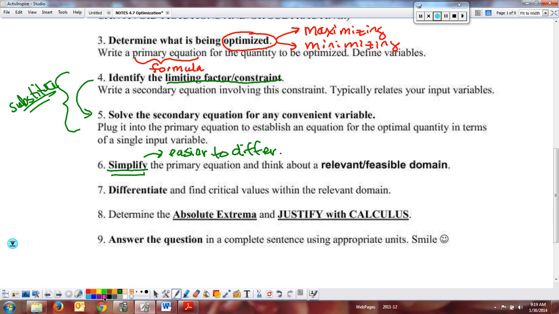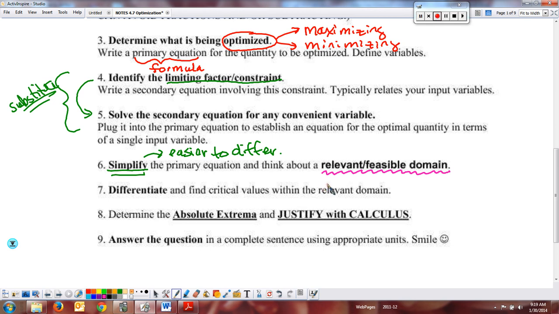This is going to be a very important key point, and it helps us figure out sometimes what method we're going to use, whether it's going to be the EBT or the modified first and second derivative. What you basically want to do is look for a relevant or feasible domain. In the real world or in the context of this problem, what would be the realistic domain for the input variable that you have left? Sometimes you're lucky and it is a closed interval, and then you're going to be allowed to use EBT.